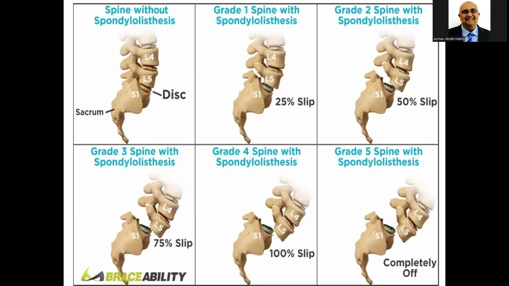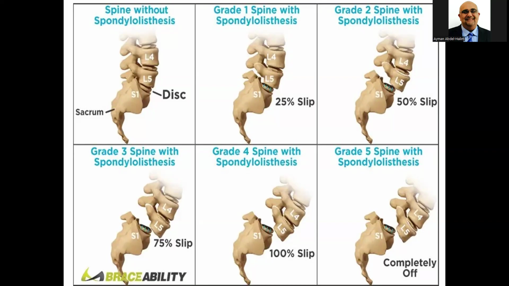Another condition is basically spondylolisthesis, which mainly means that one vertebra is slipped over the other. There is grading for spondylolisthesis, from no spondylolisthesis whatsoever, then grade 1, which is basically 25% slip, up to grade 5, where the spine is completely off.